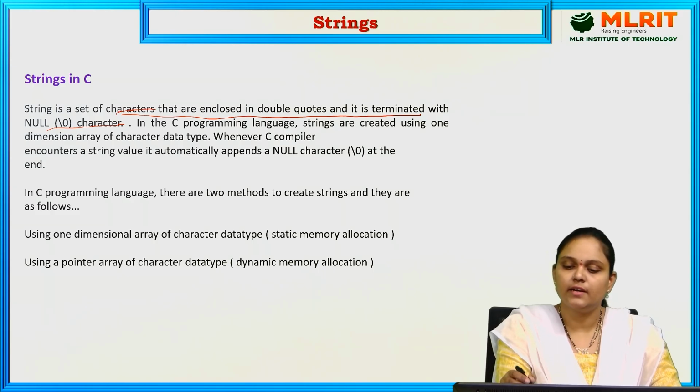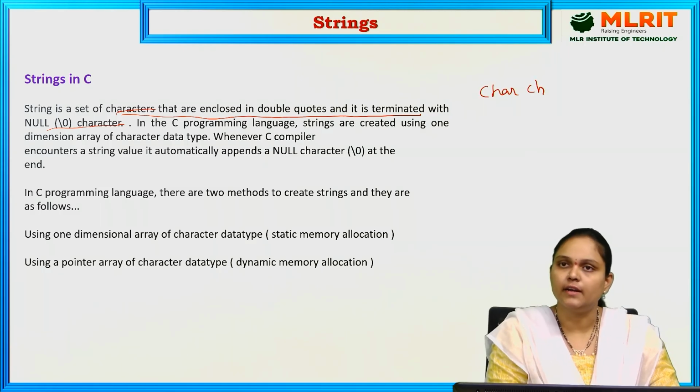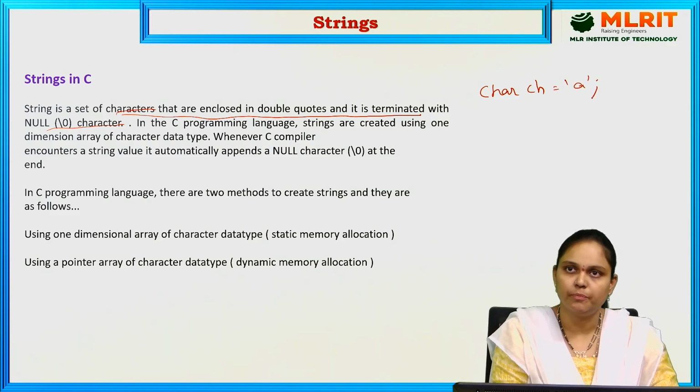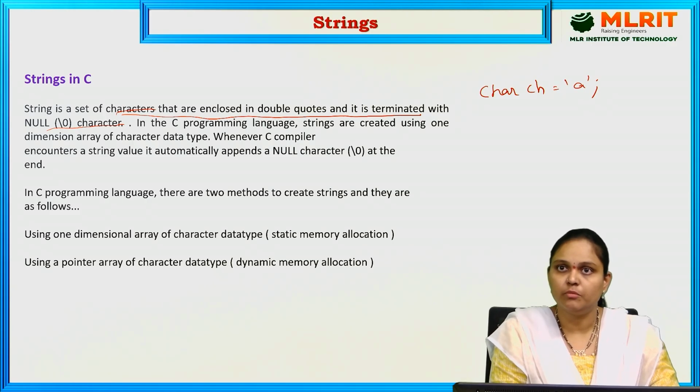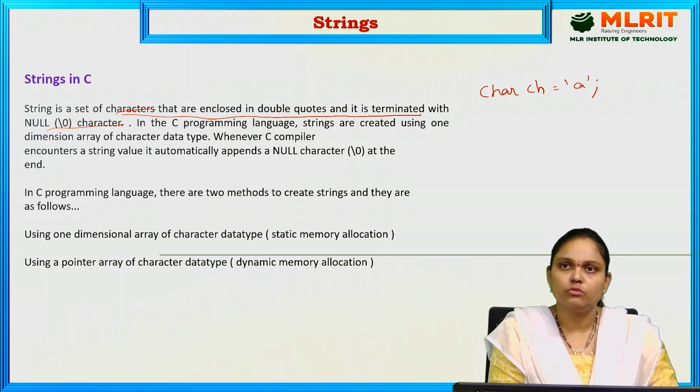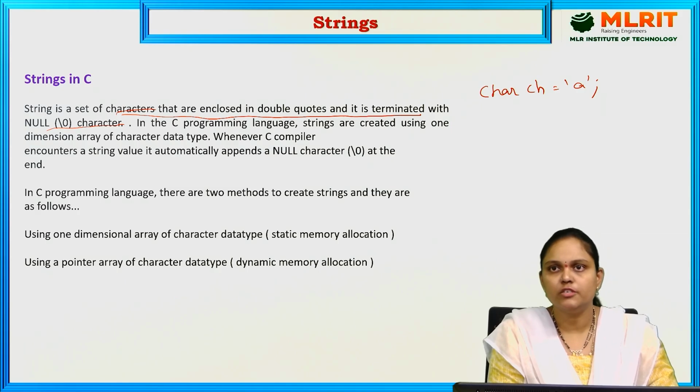When you declare a variable of character data type, you can store only a single value in it. But in a string variable, we can store multiple characters, like a name, a line of text, a number of words, and even a paragraph.